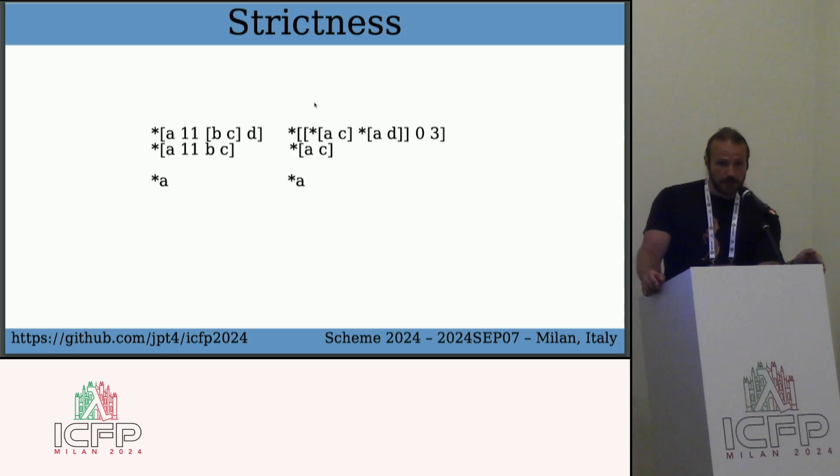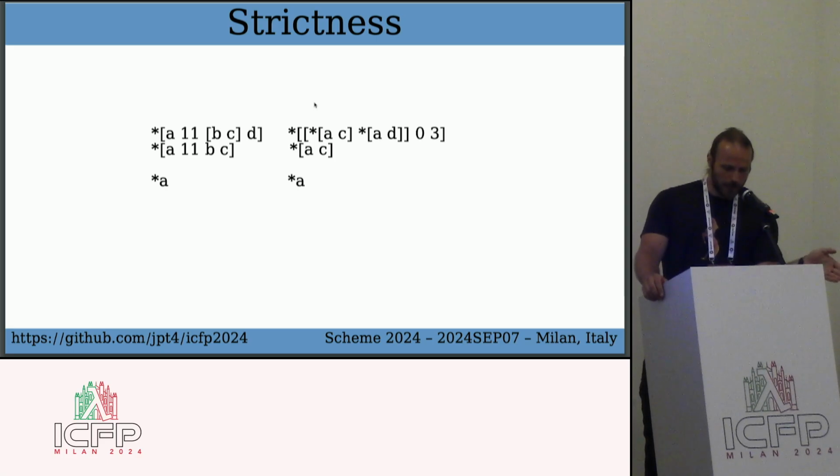There are questions about the semantics of the specification, specifically strictness. So at the bottom of the star rules, we see that there is evaluation which is performed on the left-hand side, which doesn't seem to refer to values on the left-hand side.